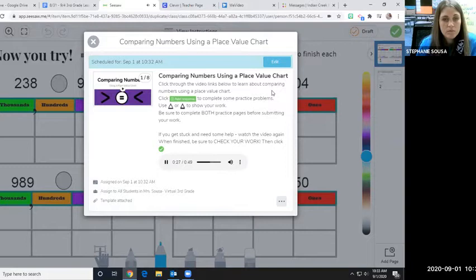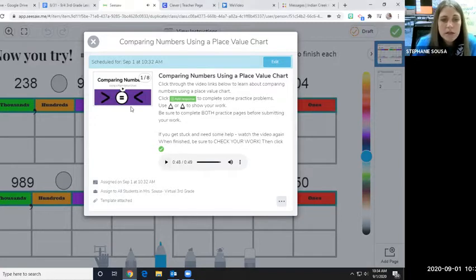Be sure to complete both of the practice pages before you submit your work with the green check. Remember, if you get stuck and need some help, you can always go back and watch the videos again. When you're finished, be sure you go back and check over your work. Then you can click the green check to turn it in.